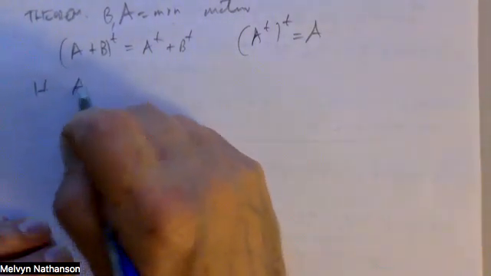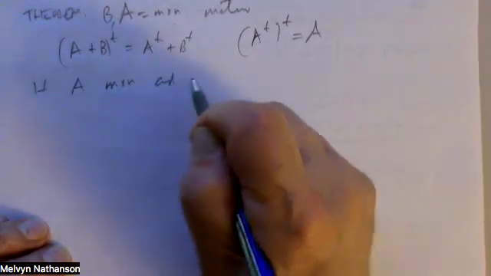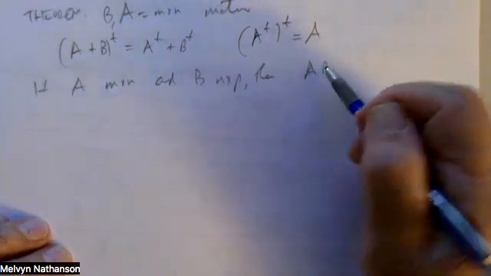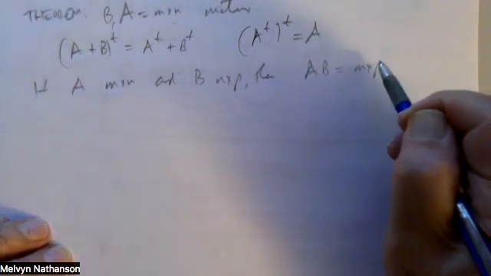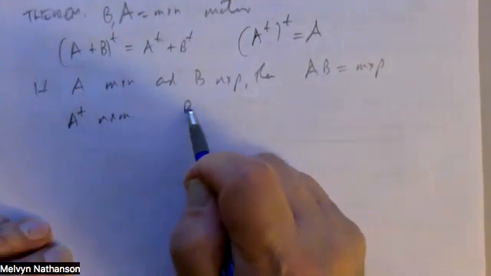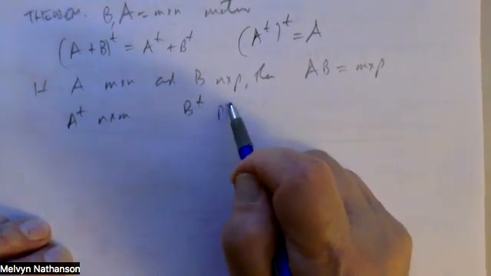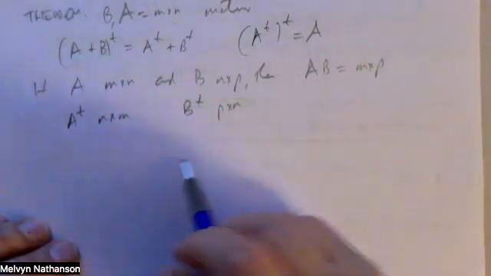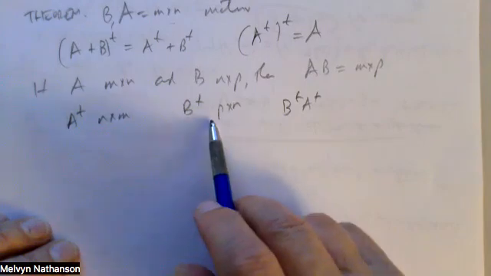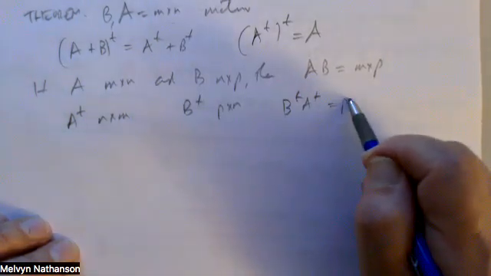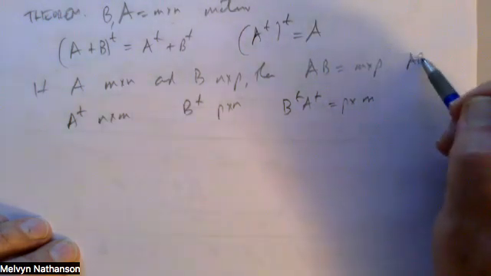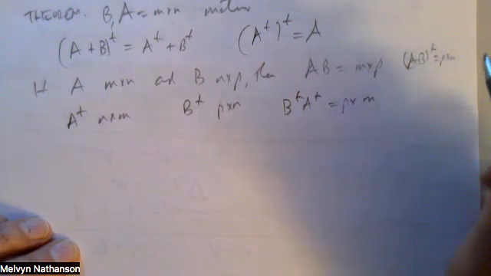If, let's say, A is m by n, and B is n by p, then AB is an m by p matrix. A transpose is n by m. B transpose is p by n. So B transpose times A transpose is p by m, and the transpose of AB is p by m.